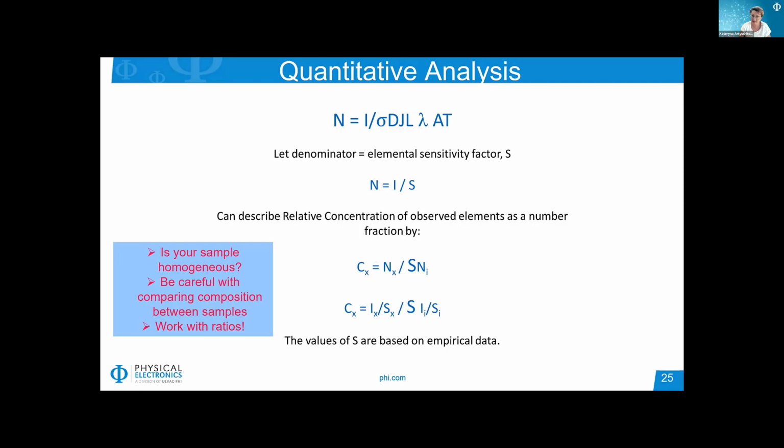Because when you remove one of the elements from your quantification, the absolute, or rather relative, atomic concentration will be different. So you have to be really careful comparing between your samples consistently. And ratios are a really useful way to compare whether you have some sort of treatment of your material or a series of samples that you're working with.